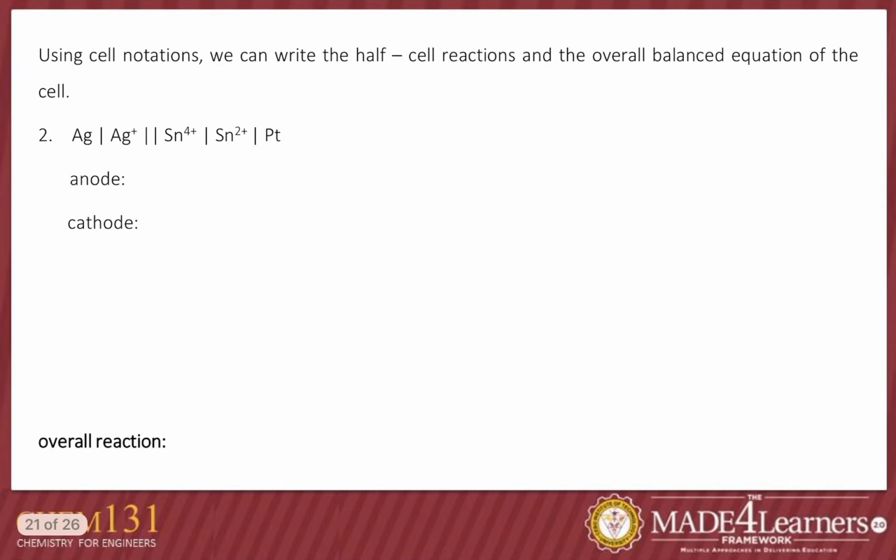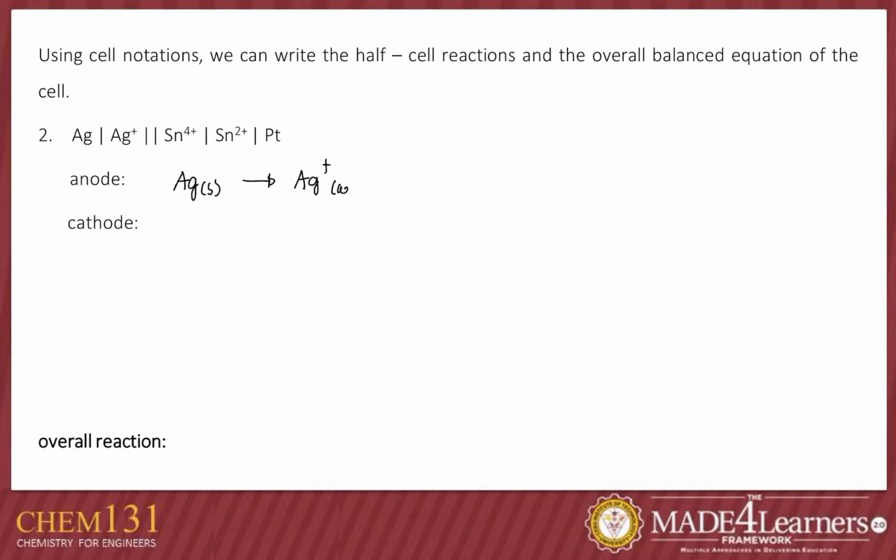Next, so we have here silver and tin. So as we can see, this is silver that is solid, and then mulu siyag electron to form a silver ion in the oxidation nga half reaction. And then we have tin 4+, meaning it's in solution, and then we have tin 2+, which is also in solution. So the reaction sa anode is Ag, that's solid, losing an electron to form Ag+.